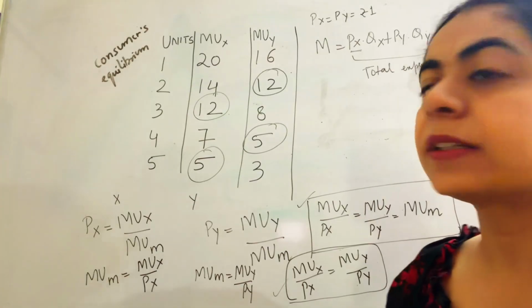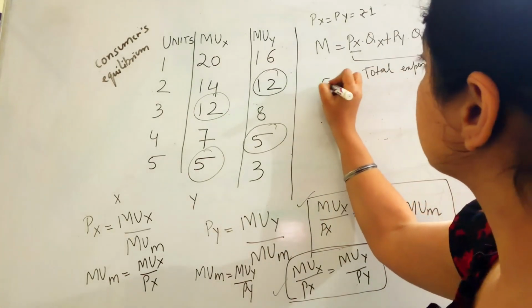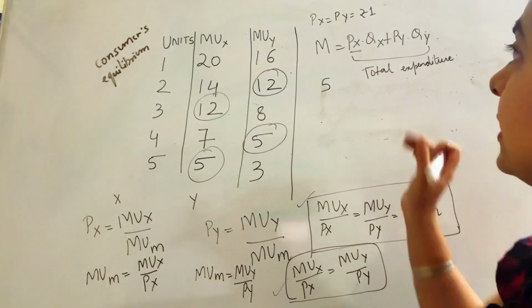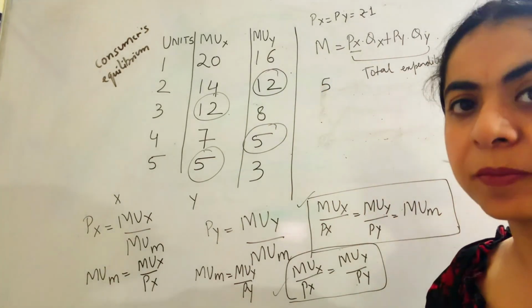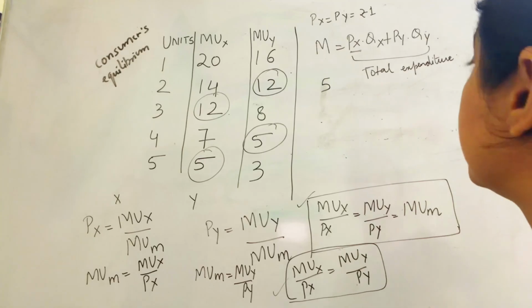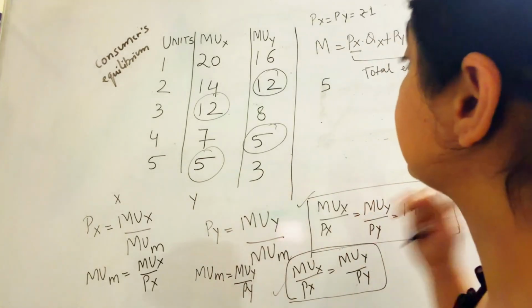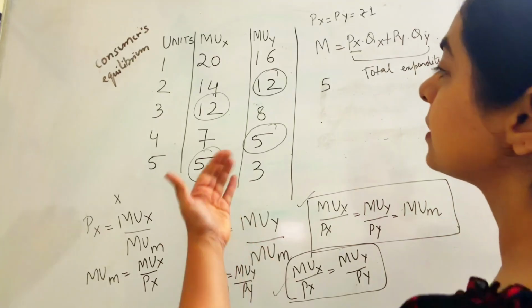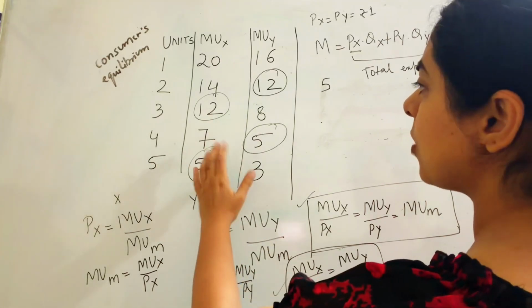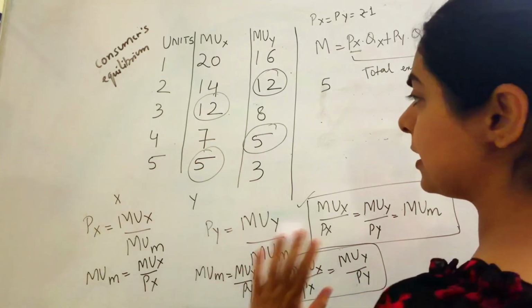Now let's assume that the income of the consumer in the given case is 5, and given the condition that the money he is going to spend on both the goods should be equal to the total expenditure.